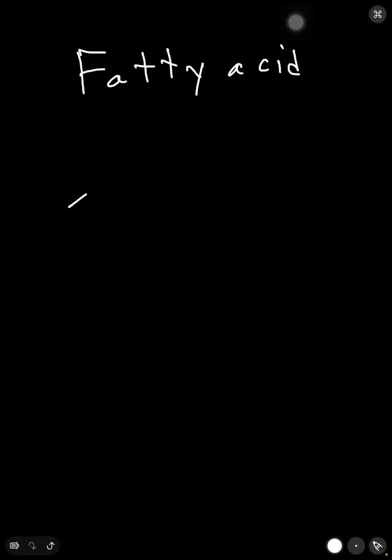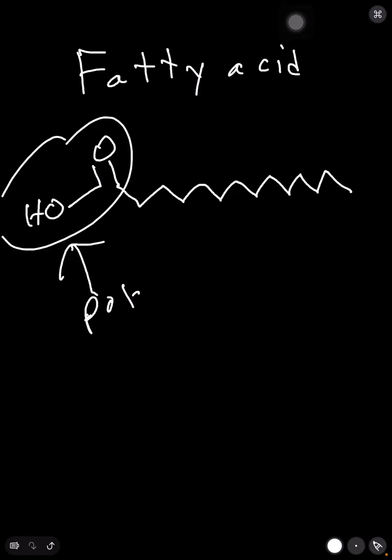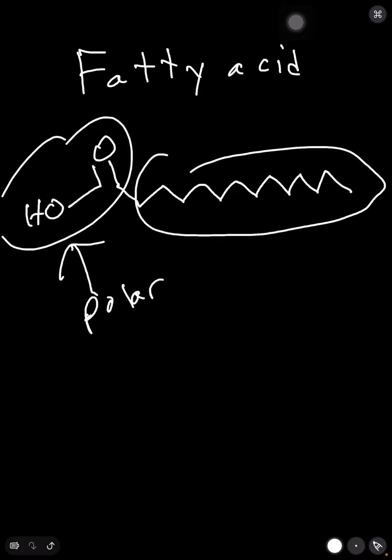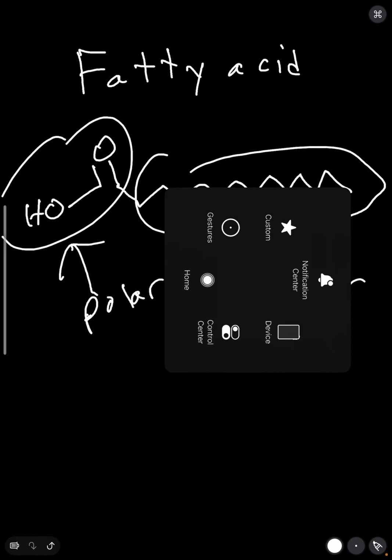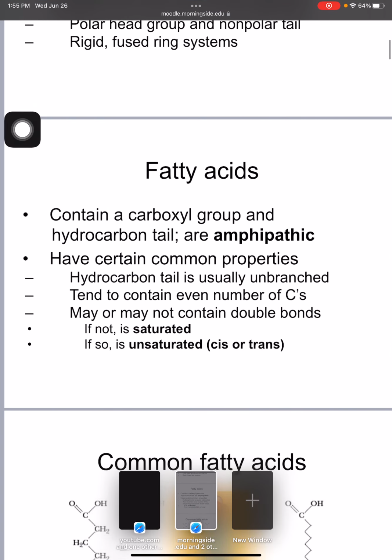So, something like this. This would be a good example of a fatty acid. Polar head group, hydrophobic tail. So, just like we said last time, a good example of what we call an amphipathic compound.